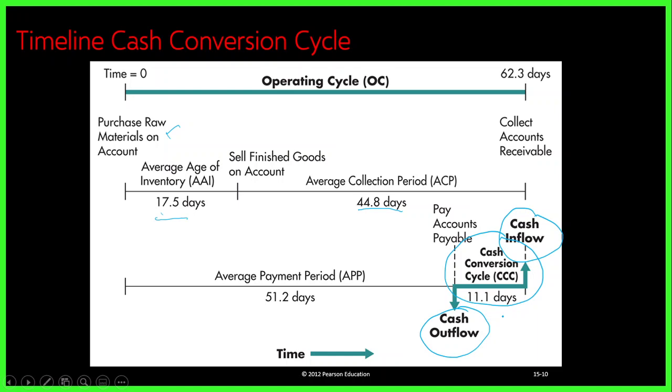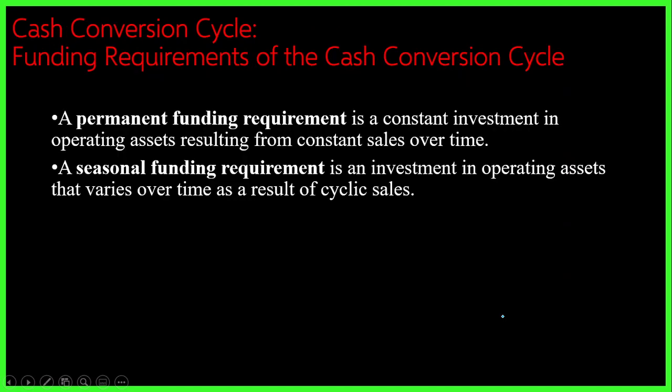And lower cash required to support your operations will mean that you will have more excess cash available for investments naman, which will result to higher profits. Okay po? So, ayun. Now, let's continue.